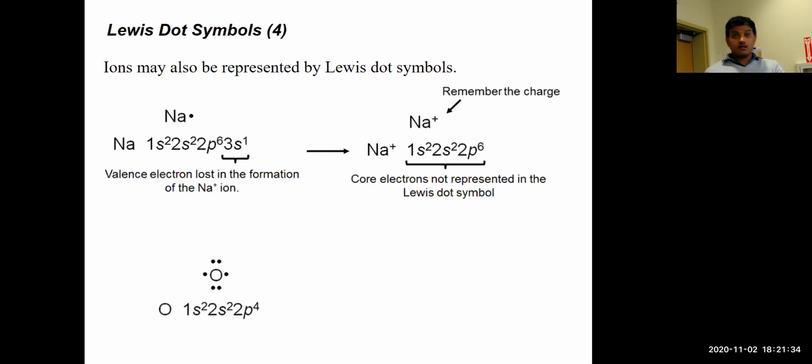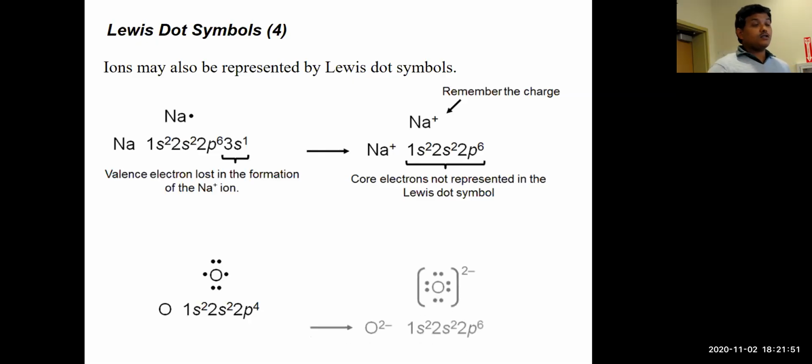Let's say you have oxygen, and oxygen would like to achieve the noble gas electronic configuration in any way it can. It already has 6 electrons. To reach the noble gas electronic configuration closest to it, which is neon, it needs 2 more electrons.